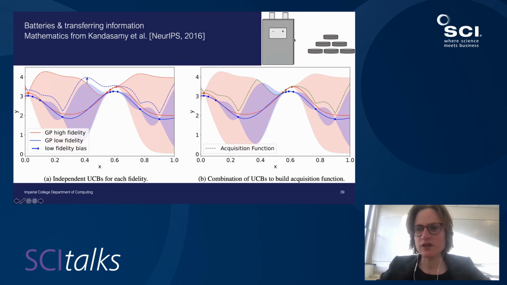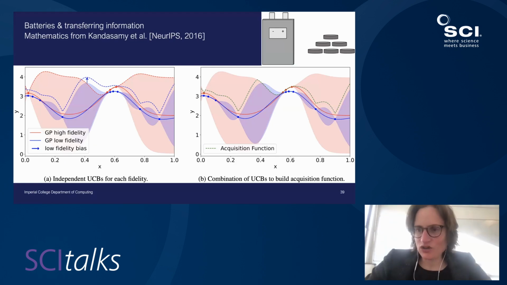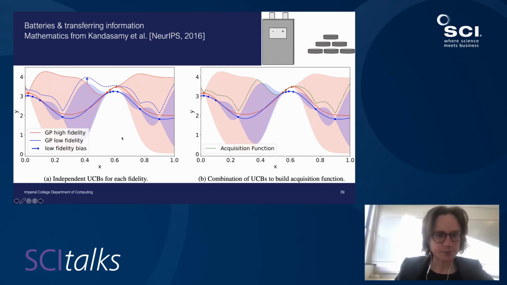So these pouch cell batteries are what they actually want to sell. The coin cell batteries are much easier to make, much easier to do experiments on. So I can do a lot more of my experiments characterizing what is going on with these coin cell batteries than I can with these pouch cell batteries.